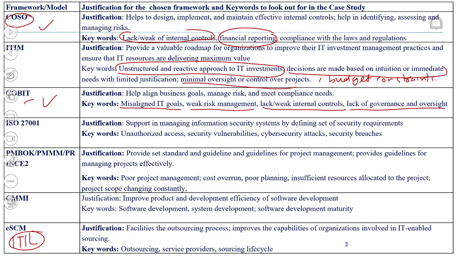So if you're seeing a lot of unauthorized access, for example, users having more privileges than they require, cybersecurity issues, things like unauthorized access, security vulnerabilities, then you should think of ISO 27001.